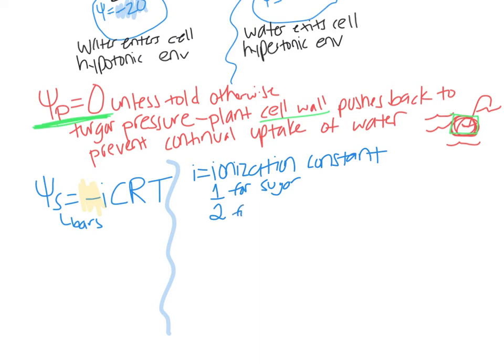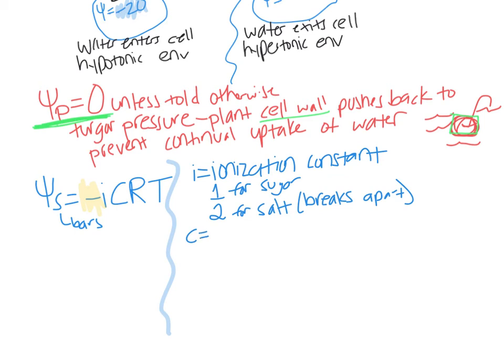It will be 2 for salt, because when I dissolve salt in water, salt breaks apart. Like NaCl would break into sodium ions and chlorine ions. So that's where I get the 2 from, because it was 1 molecule that breaks into 2 pieces.